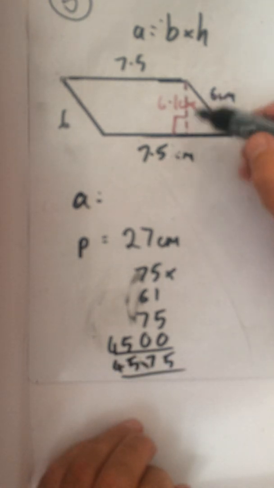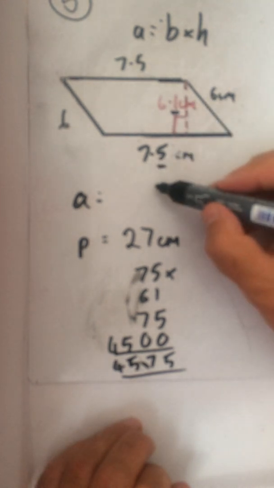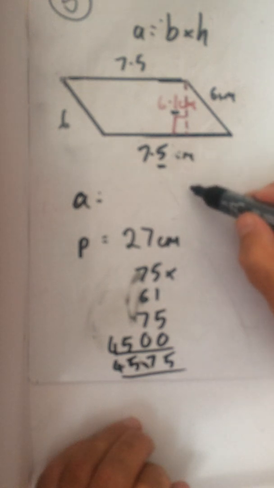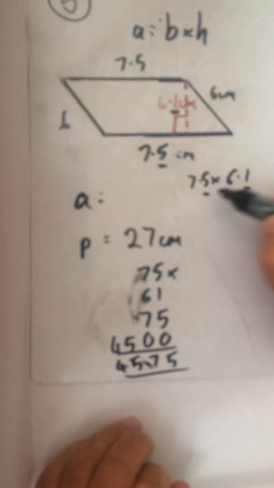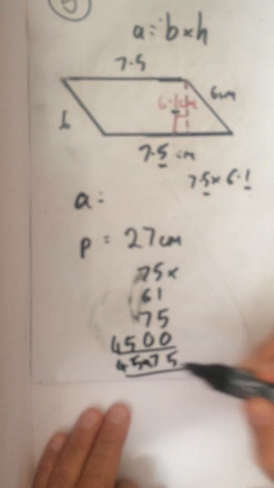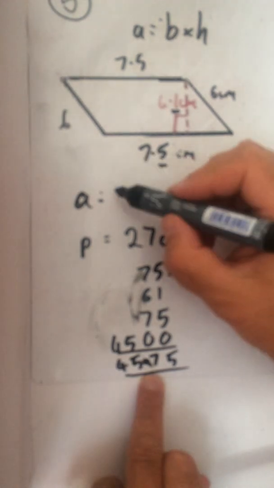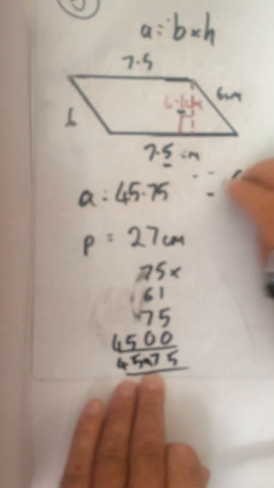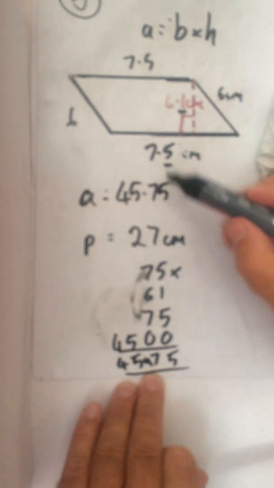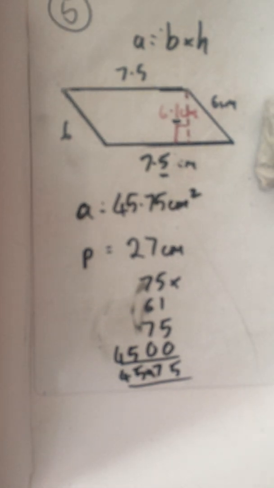I'm multiplying 7.5 times 6.1, and there's 2 numbers after the decimal point in the question, so there need to be 2 numbers after the decimal point in the answer. So here we have 45.75 centimeters squared.